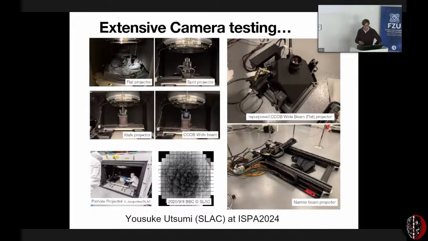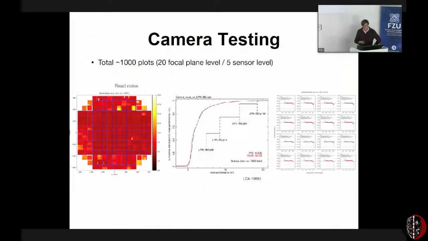There was a variety of different projectors to study the CCDs in the full camera, like flat projector, spot projector, crosstalk projector, and then wide beam projector. You see people setting up these things, and more hardware related to these projectors.